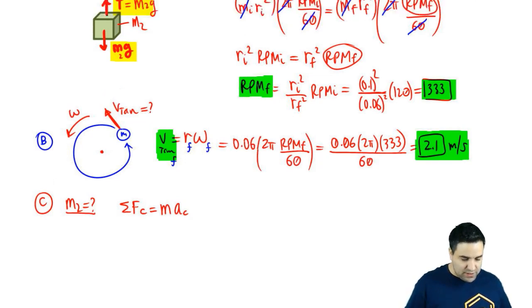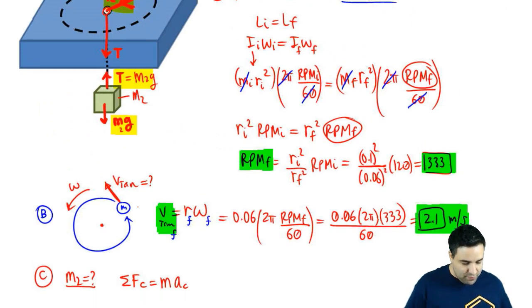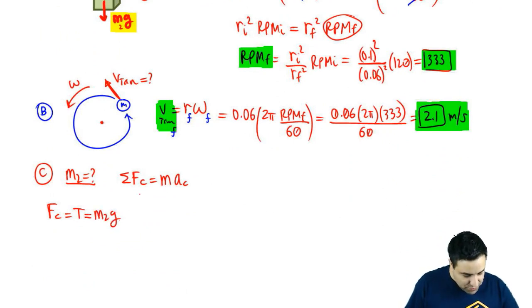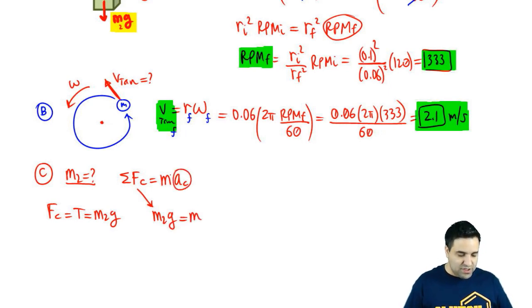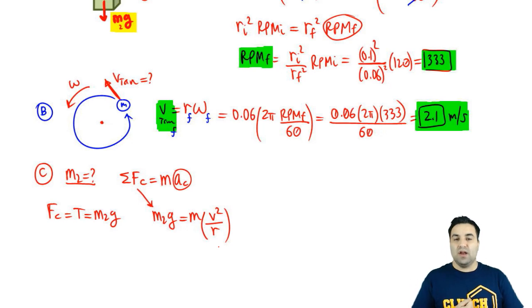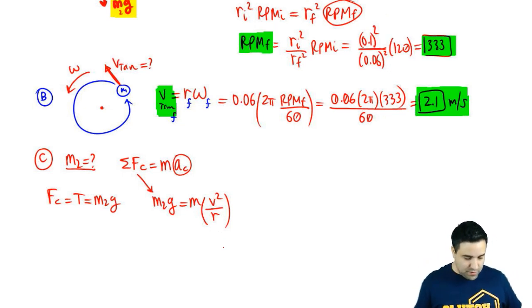The centripetal force here is the tension, which comes from M2g. So I can rewrite this as M2g equals m times acceleration centripetal, I don't have it, but I can rewrite it as v squared over r. Remember, in a lot of these problems of centripetal force, you rewrite F equals ma into F equals mv squared over r. Okay, so you should remember doing this stuff.